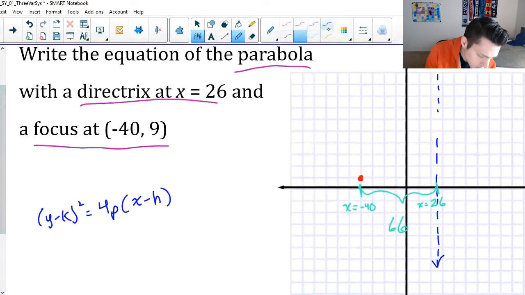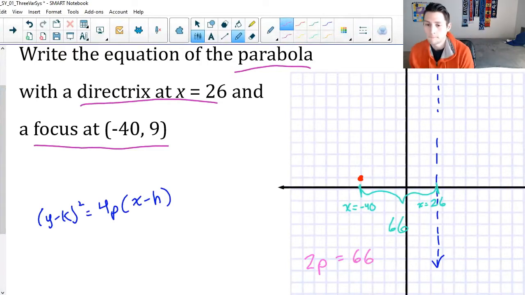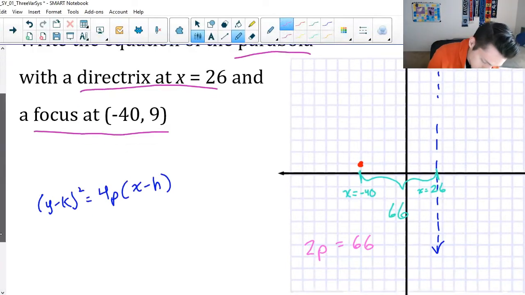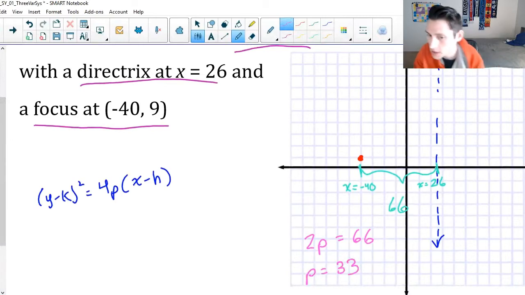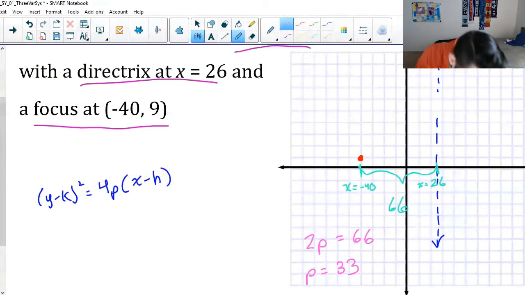We also know that from the focus to the directrix is 2 times p, because in the middle of those two things is the vertex. So our value for p should be 33, dead in the middle here.